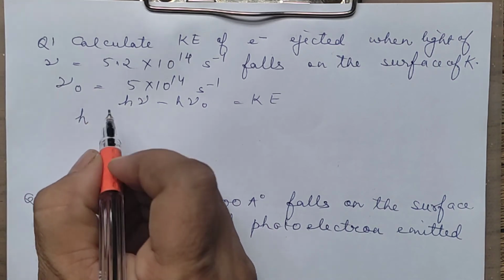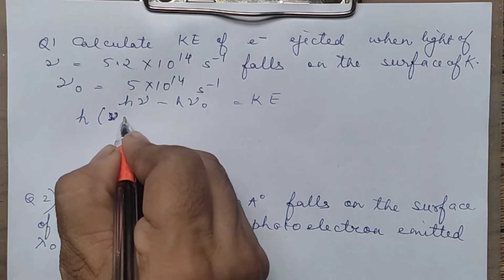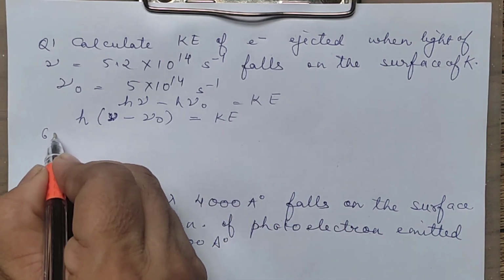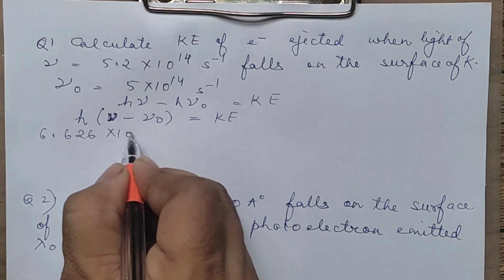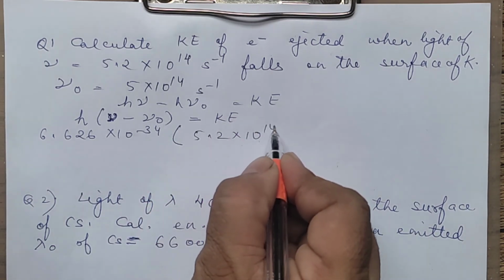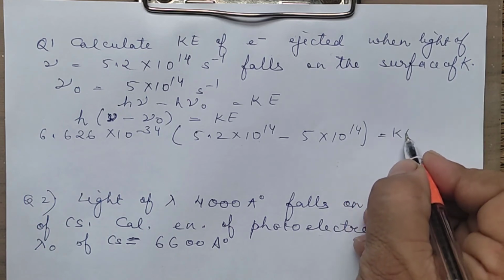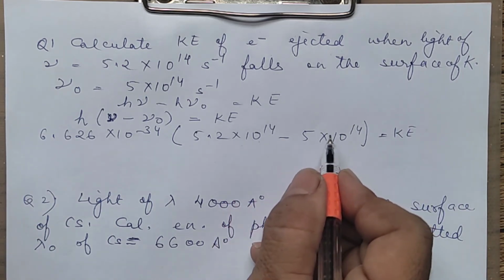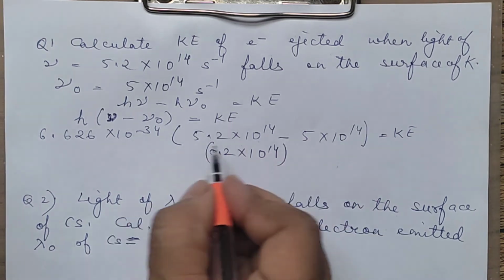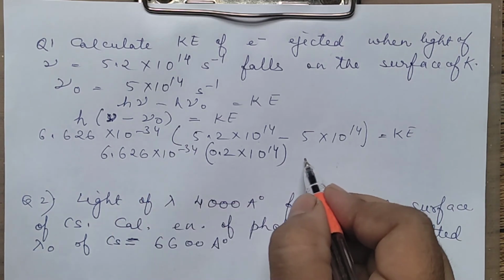Taking h common, we write h times nu minus nu naught is equal to the kinetic energy.